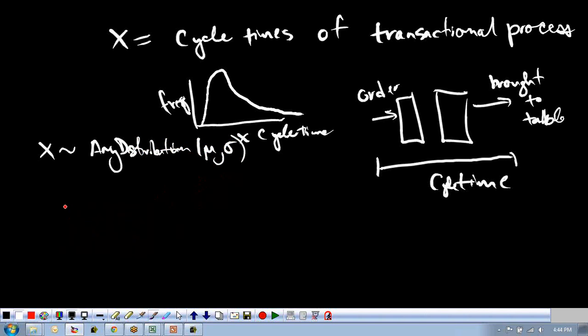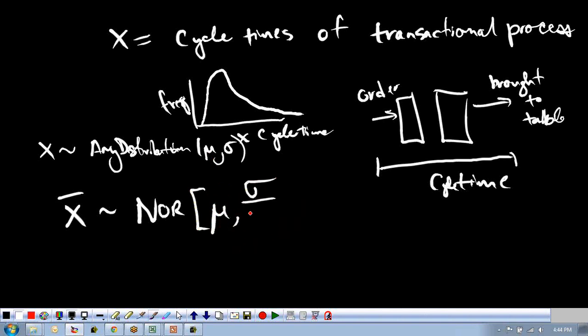My claim is that X bar will look normal. It will be bell-shaped, it will have the same mean as this, and it will have almost the same standard deviation, but divided by the square root of the number of samples that I take.